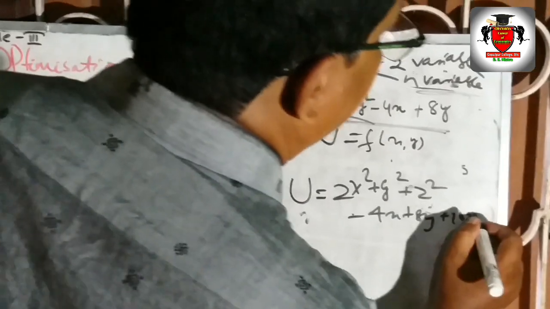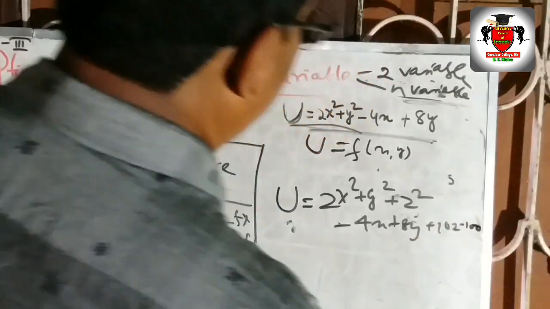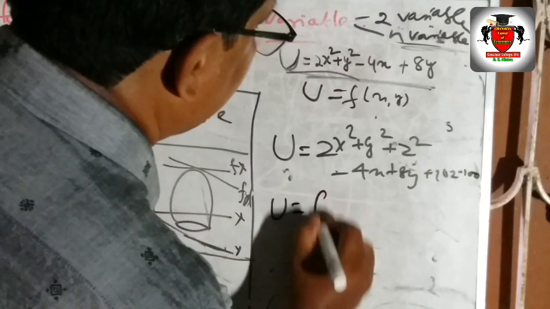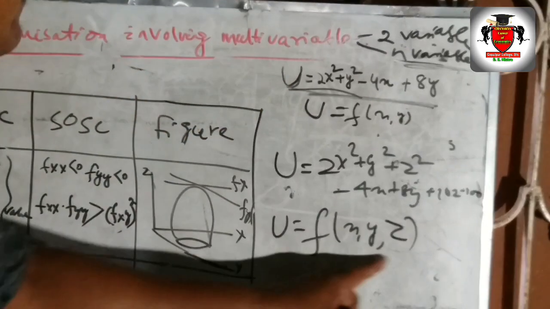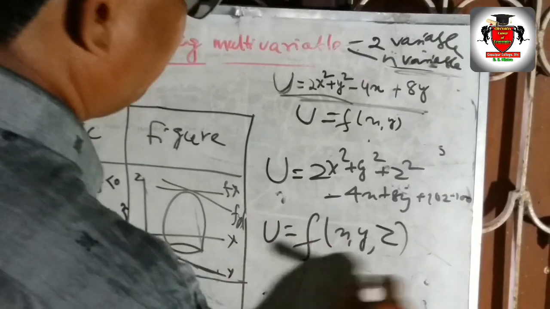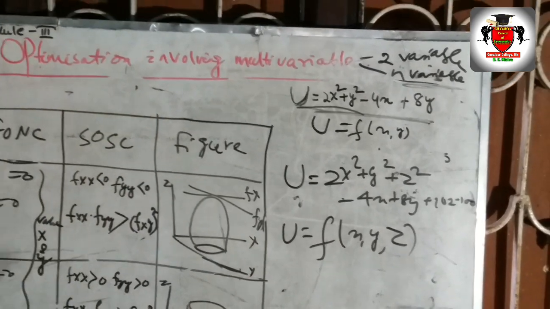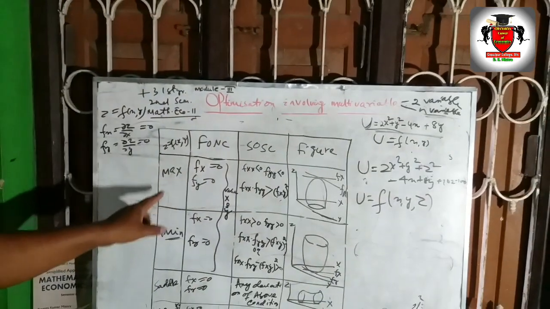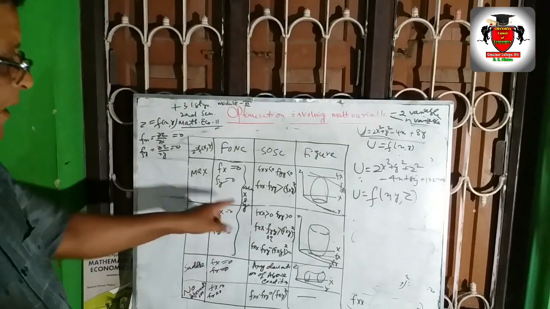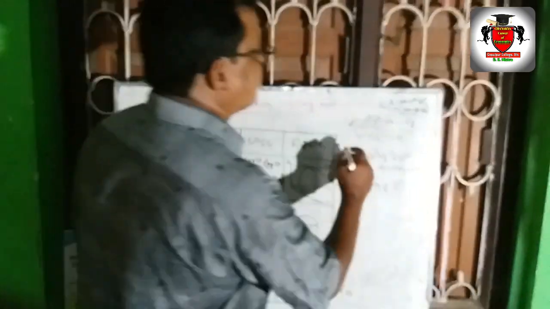Now u is a function of x, y, z. There are 3 variables. Likewise, there may be 4 variables, 5 variables, or n variables. This table is unable to explain these cases.